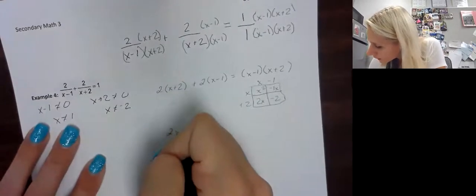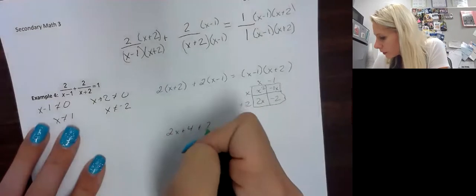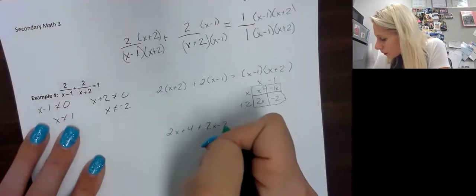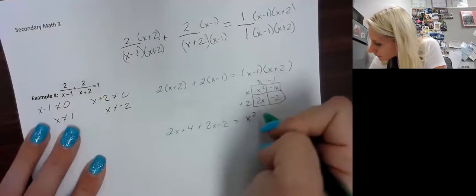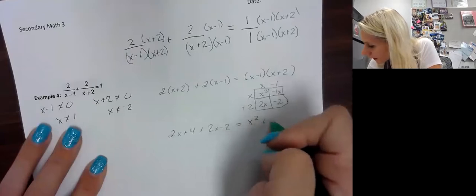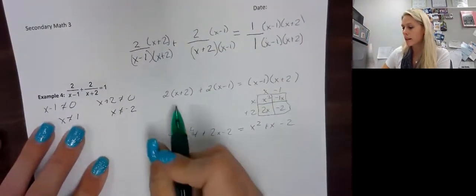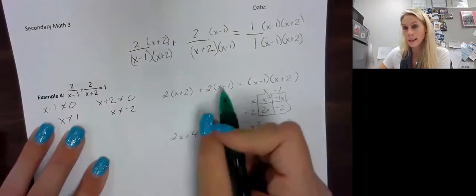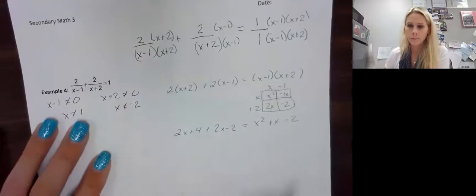So you get 2x plus 4 plus 2x minus 2 equals x squared. Let's see, 2x and negative x is x, and then minus 2. Okay, again, I just distributed on this side, and I multiplied on this side to get this trinomial.